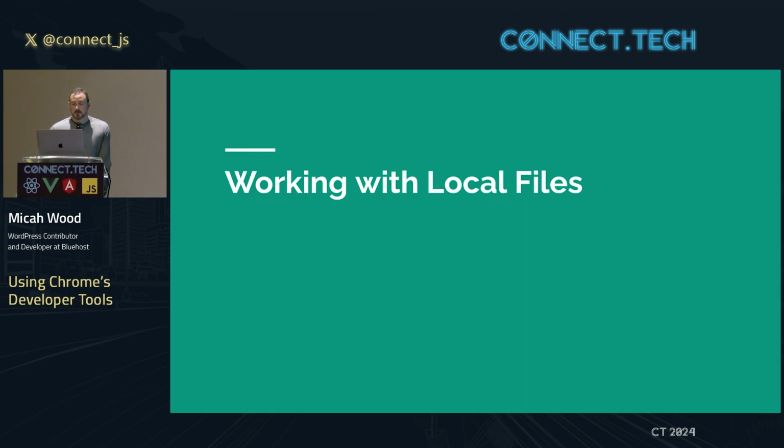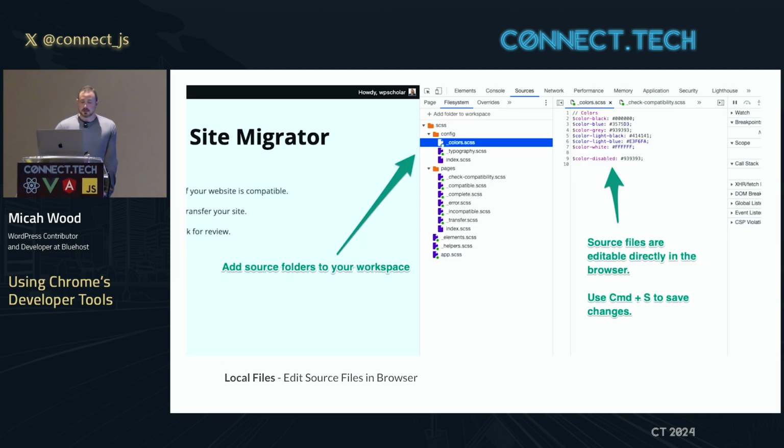So we're getting into a little bit more fun stuff. So working with local files, right? So a lot of us kind of jump between working in our code editor and then jumping to the browser, and then working in our code editor, jumping to the browser. And so what we really can do is bring our local files into the browser and edit them there.